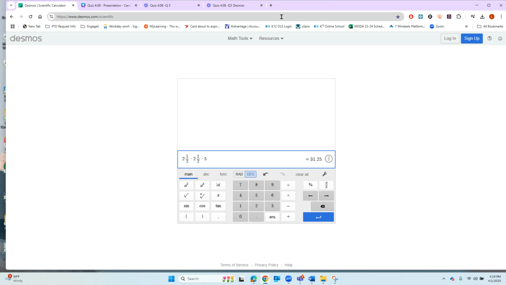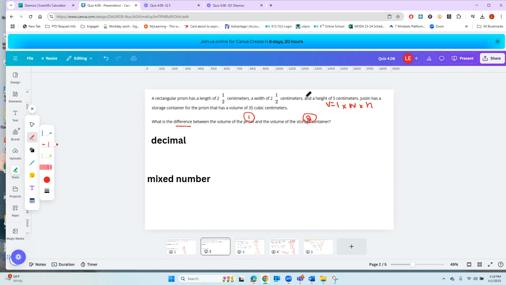the rectangular prism is 31.25. And then they already gave us that Justin's storage container was 35.